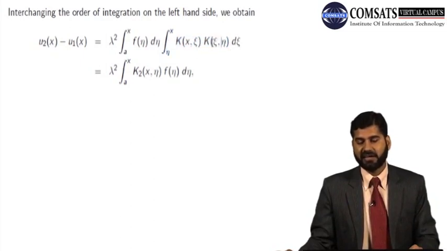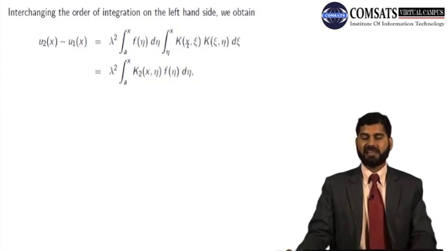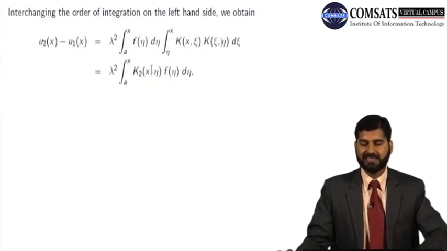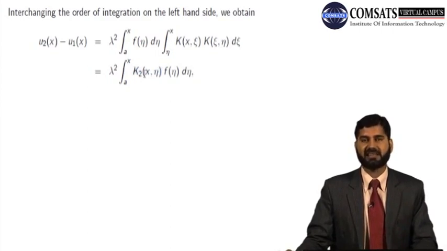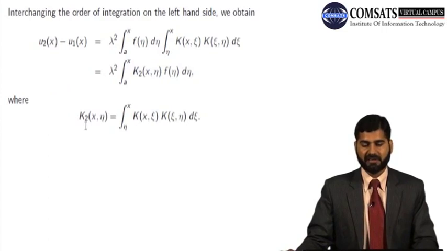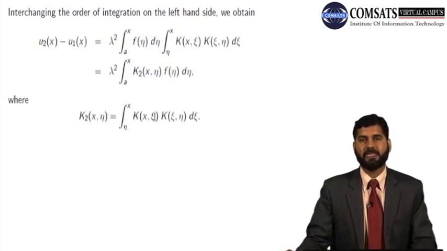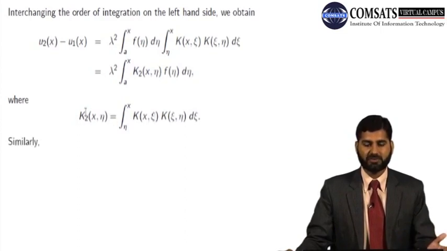You are integrating with respect to xi, so xi is gone and you will be left with x and eta. So x and eta will give you another kernel. You got k2 x eta, another kernel, which comes from the first kernel k. The kernel k is given, and you got k2.